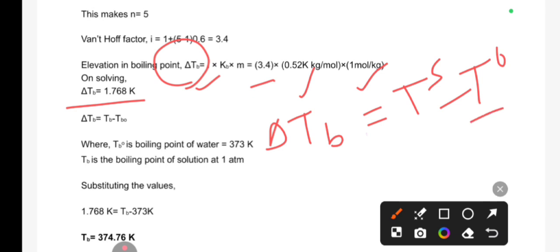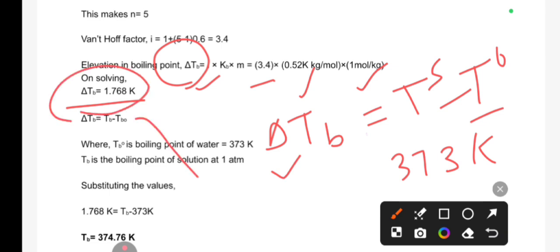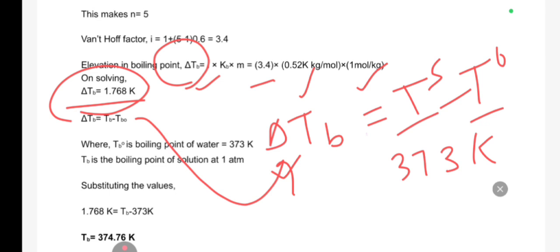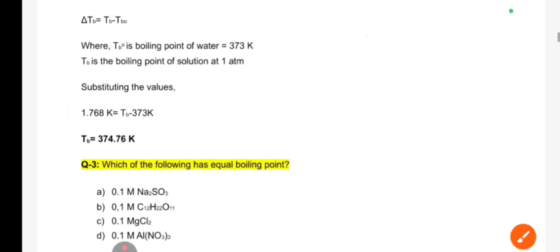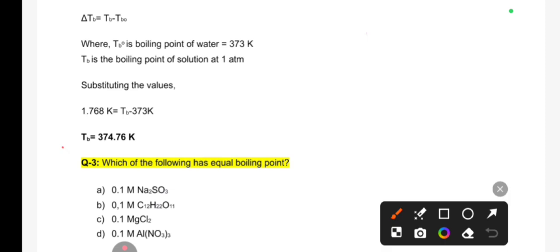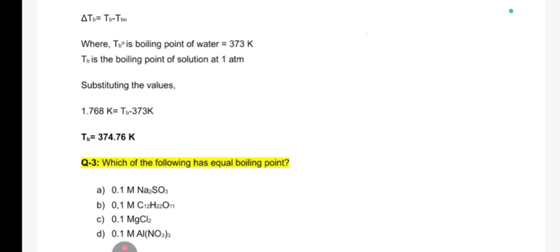Okay, T naught is the boiling point of water, which in Kelvin is 373 Kelvin. Delta Tb we have solved, so you can put this value here and solve for Ts. So after calculation you will get the boiling point of the solution as 374.76 Kelvin.